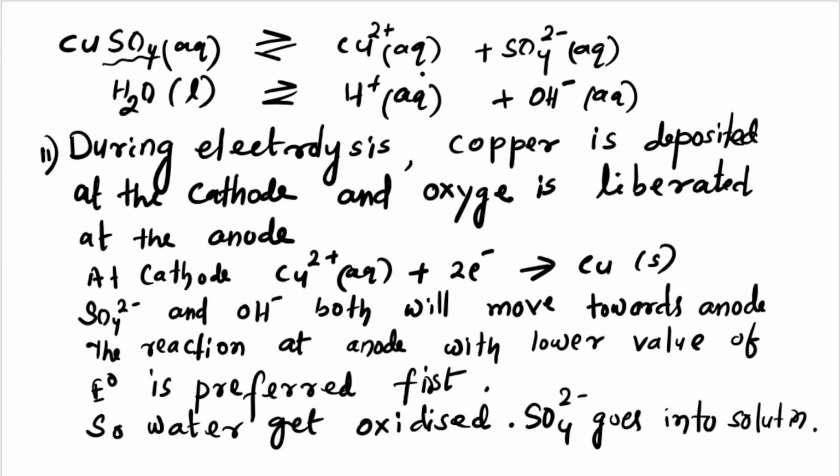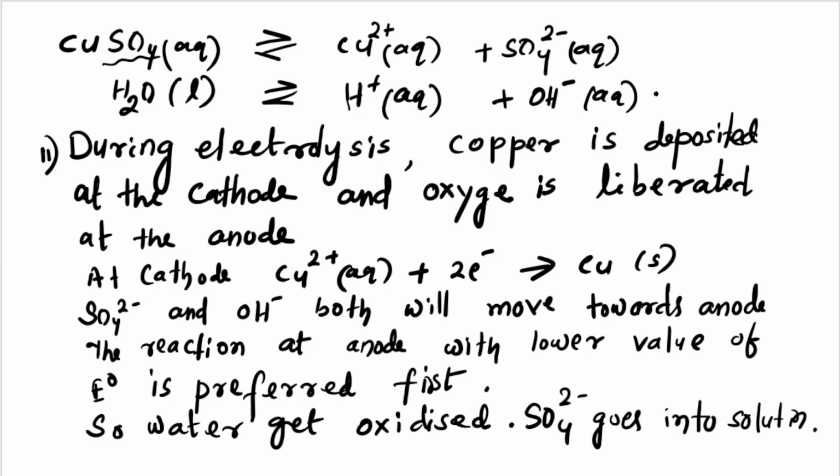So you can observe that Cu2+ will go to the cathode and SO4 2- will go to the anode. Water, when ionized, gives H+ (aq) and OH- (aq). Here also H+ will go to the cathode, and OH- will go to the anode. SO4 2- will go to the anode, OH- will go to the anode.